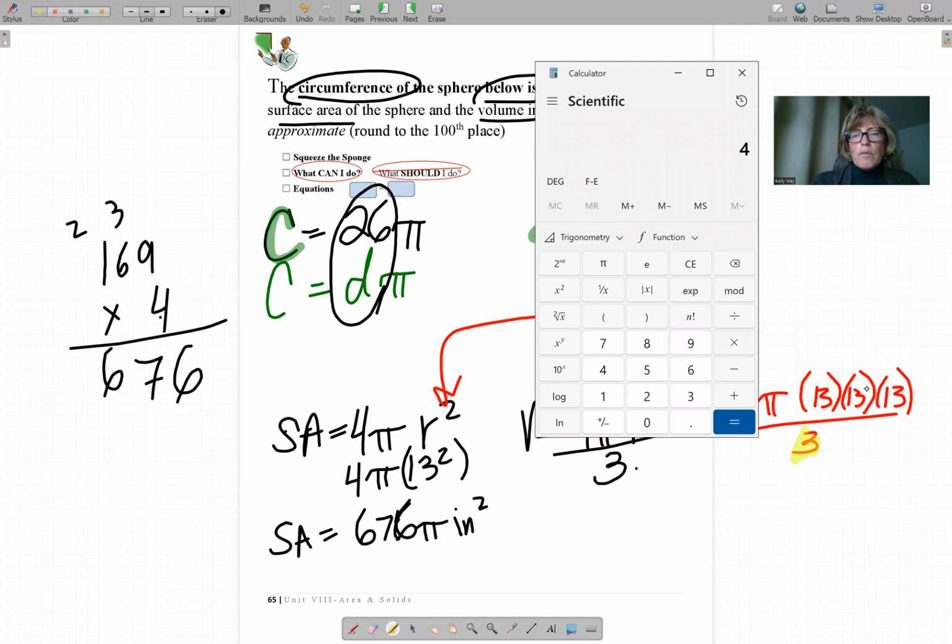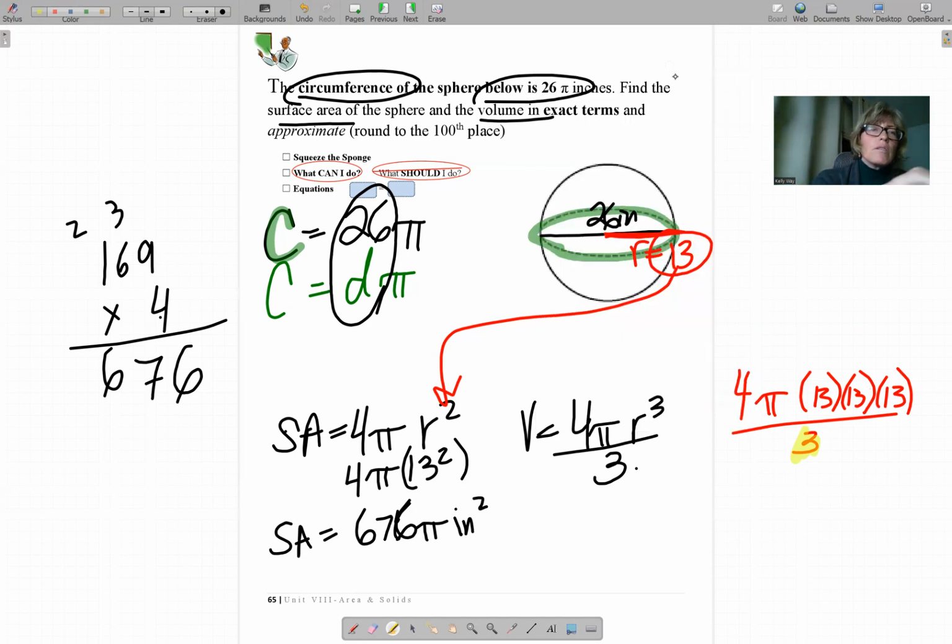So 4 times 13 times 13 times 13, you get 8788. Volume equals 8788 pi over 3 inches cubed.